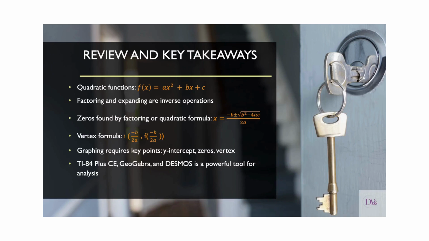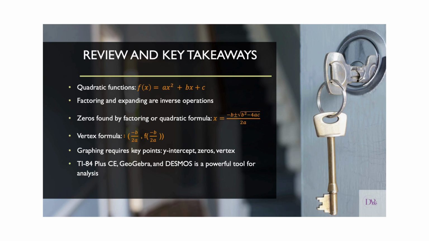Now let's review and look at the key takeaways for this lesson. For quadratic functions, you have a standard form or general form. That is f(x) = ax² + bx + c. Factoring and expanding are inverse operations. Your zeros can be found by factoring or using the quadratic formula.